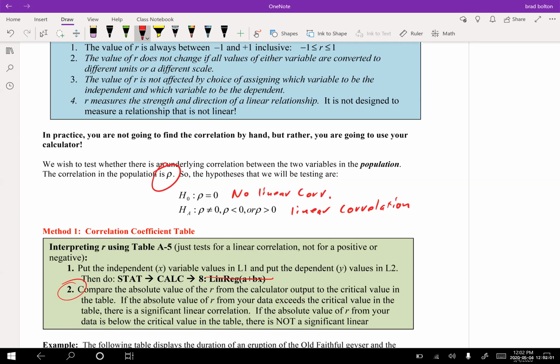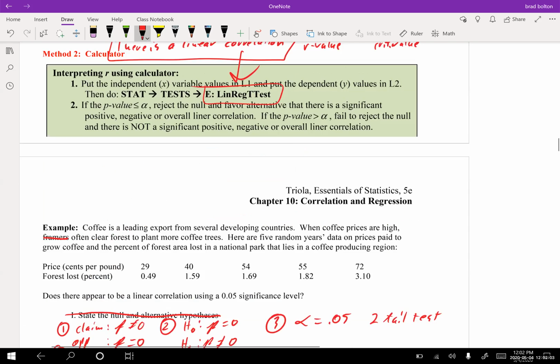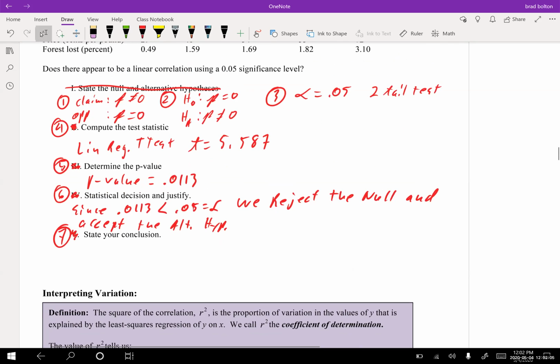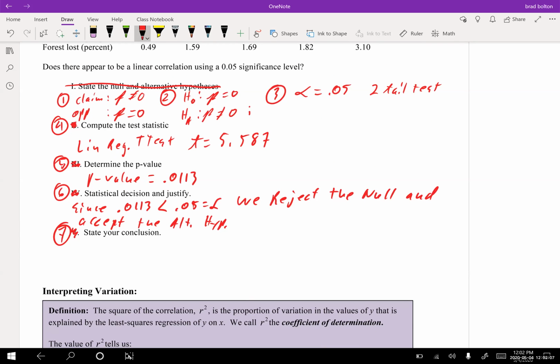Okay, so I'm going to come here and we're accepting the alternate, and the alternate says there is a linear correlation. So we're going to accept that.